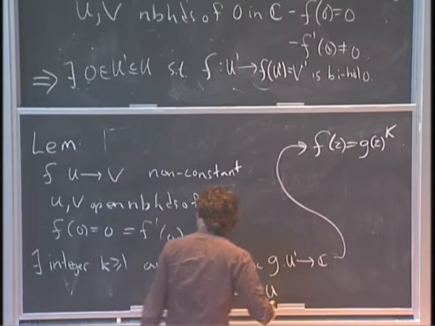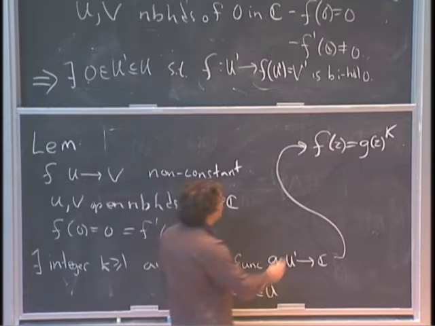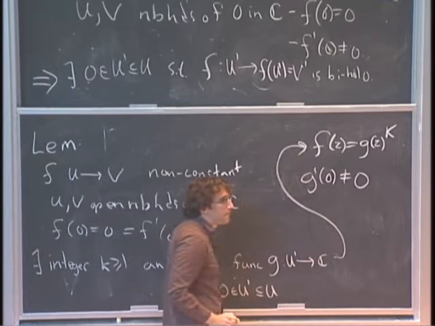And of course, this would seem trivial if we just took k equal to 1 and f equal to g. The point, though, is that g prime of 0 is not equal to 0. Okay?